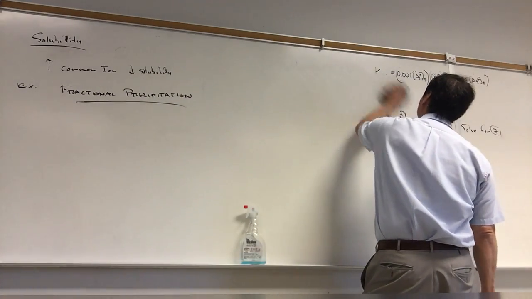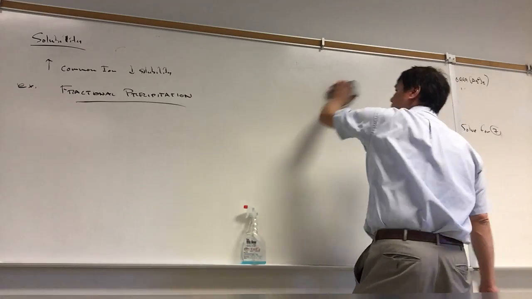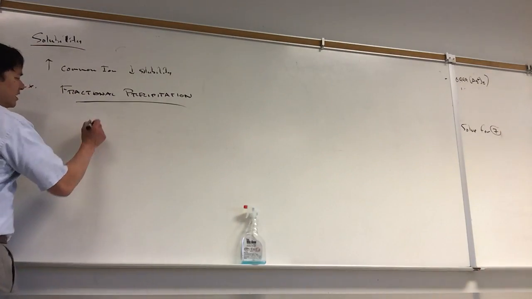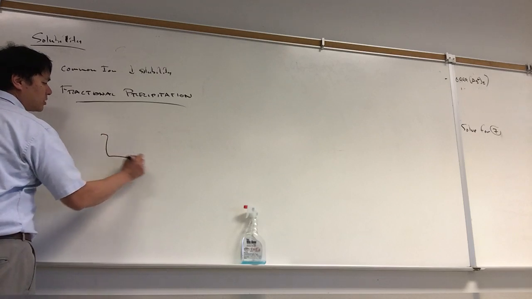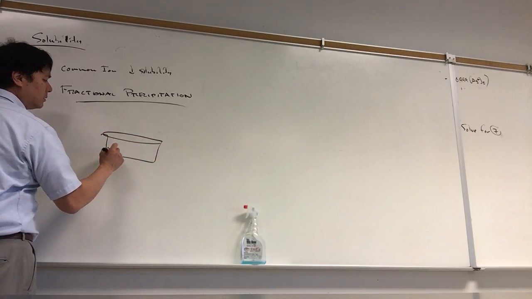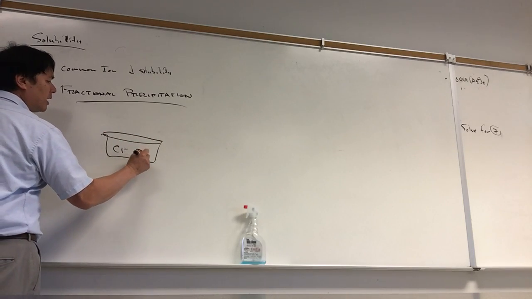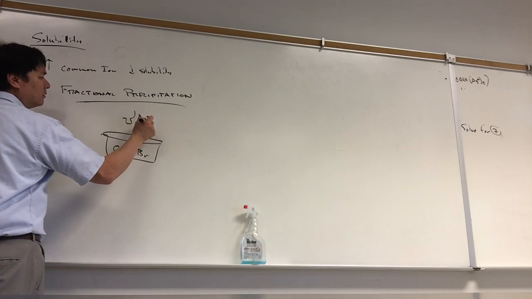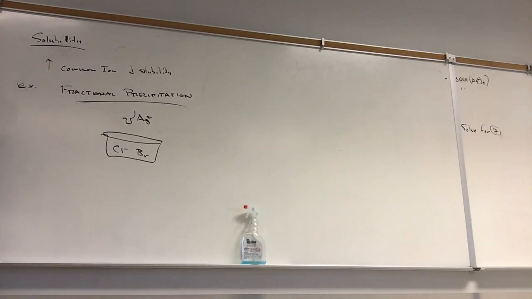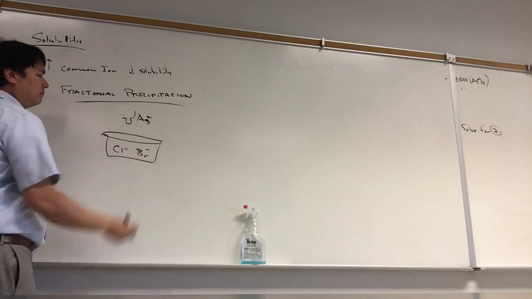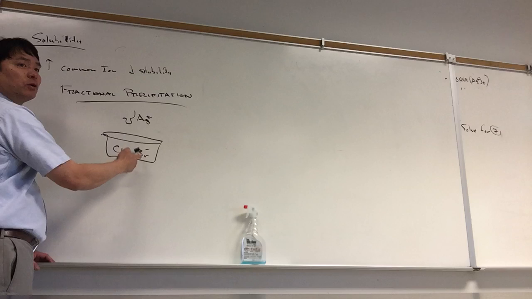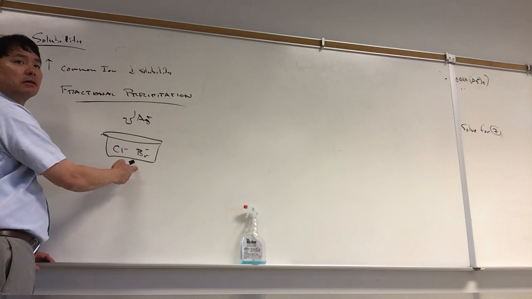If there's a difference in solubility, so, for example, if I had a mixture like this, and this mixture contained chloride and bromide, and then I add silver ion to this, then the silver chloride can precipitate and silver bromide can precipitate.